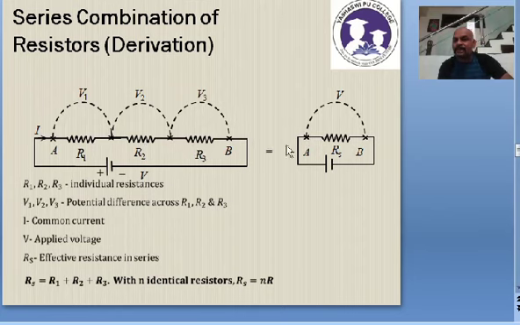Whatever current flows and whatever potential drops, the same current will flow through RS and the same potential will drop across RS. Therefore this is known as the equivalent resistor in series, the effective resistor in series.